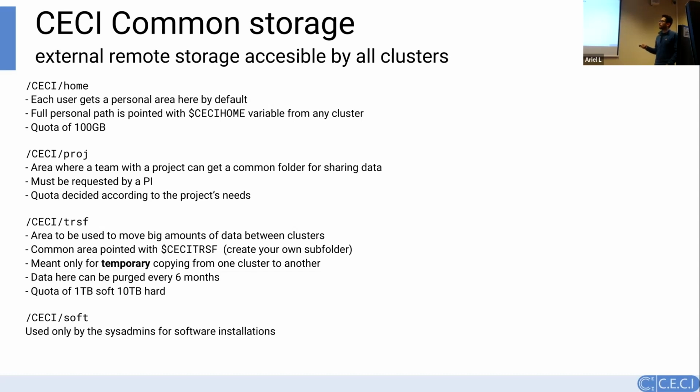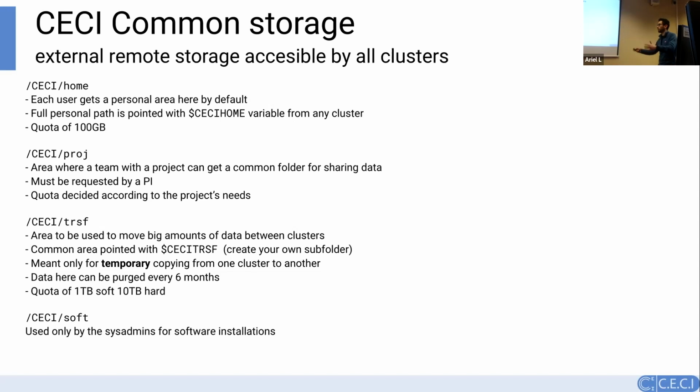The idea of this area is the following. I mentioned before that on the global scratch, especially of Lemaitre3 and NIC5, you have up to 500 terabytes to use. So you might sometimes have to move a lot of data, for instance 5 or 6 terabytes in the global scratch, from the global scratch of one cluster to the global scratch of another. And then you can profit of this area for that.